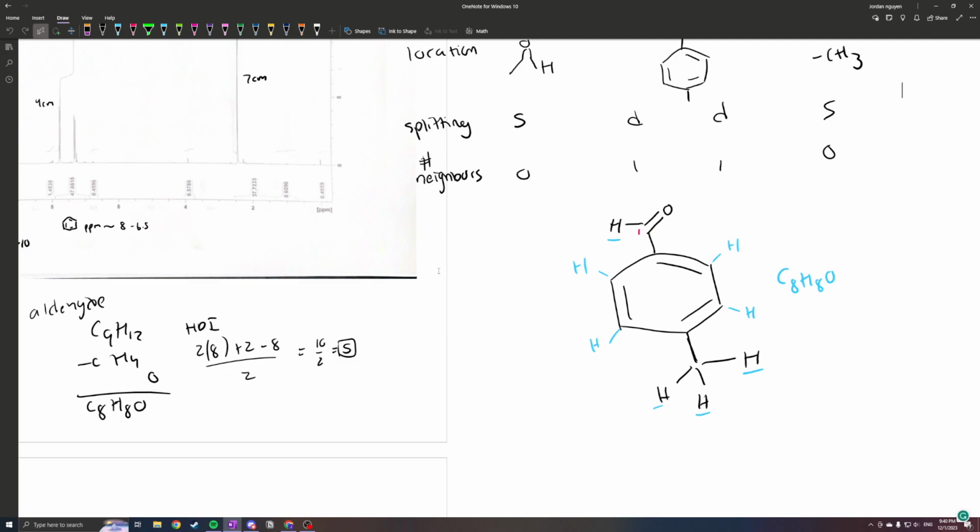There's 1 carbon on the aldehyde, then a carbon at each of the 6 positions of the ring, and 1 for the CH3, so in total there's 8. That matches again, and then there's the 1 oxygen from the aldehyde. So it matched the molecular formula that I got. That's how I determined my structure as 4-methylbenzaldehyde from my IR and NMR graphs.